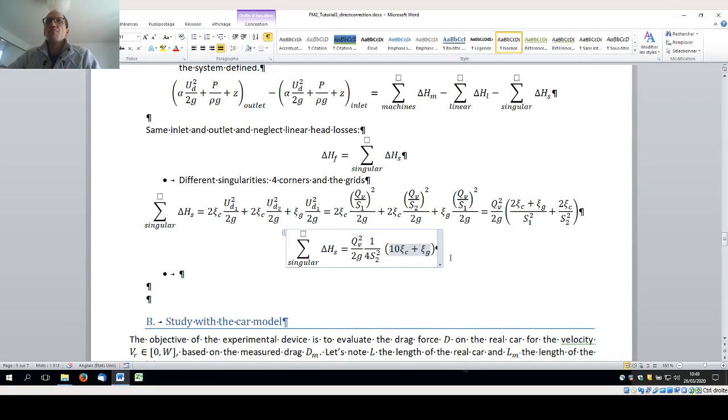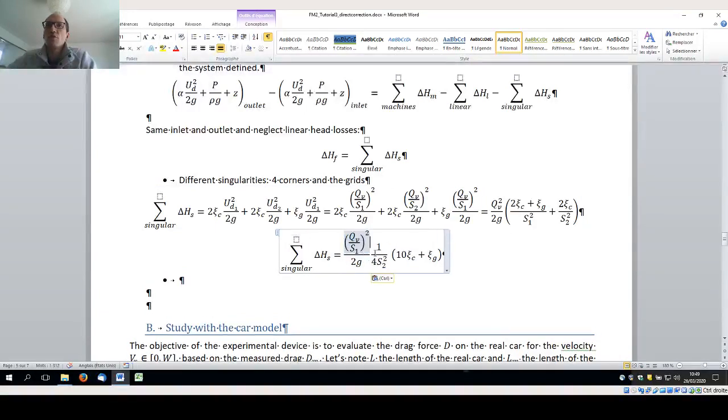Okay, after you can do it as you want. I can even maybe write it like this, this is QV over, just rewriting a bit. It's maybe simpler like this.